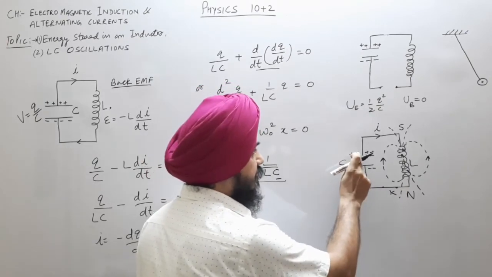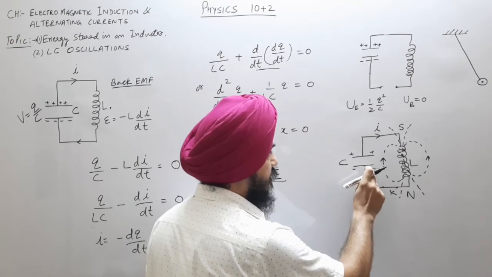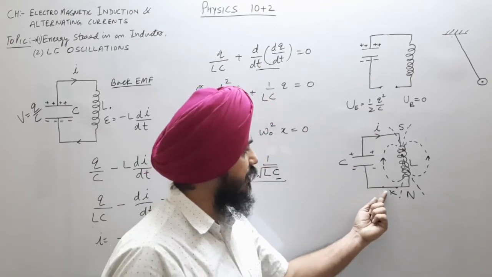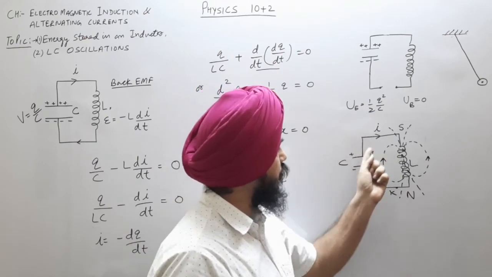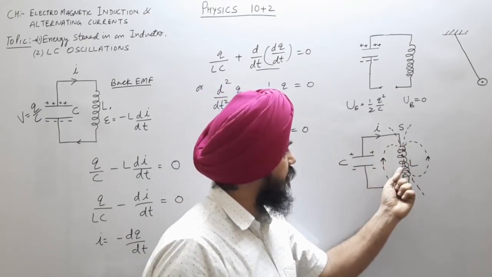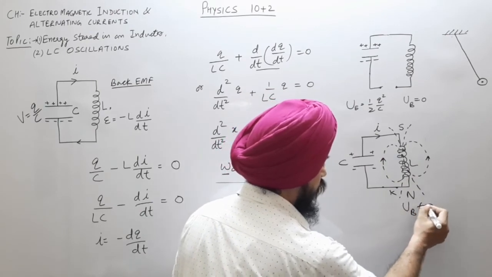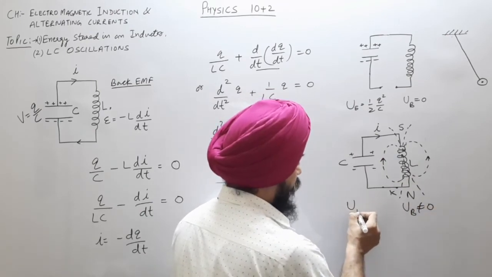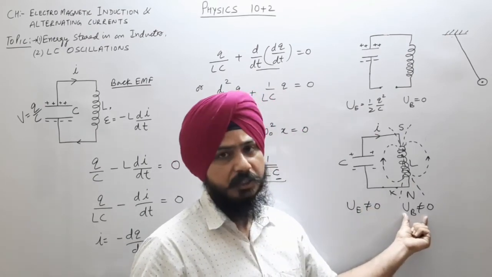Now the charge has reduced a little bit from this capacitor while closing the key K, because it traveled through the wire and the magnetic energy starts to grow. So now we have electrical energy not equal to 0, magnetic energy also not equal to 0.